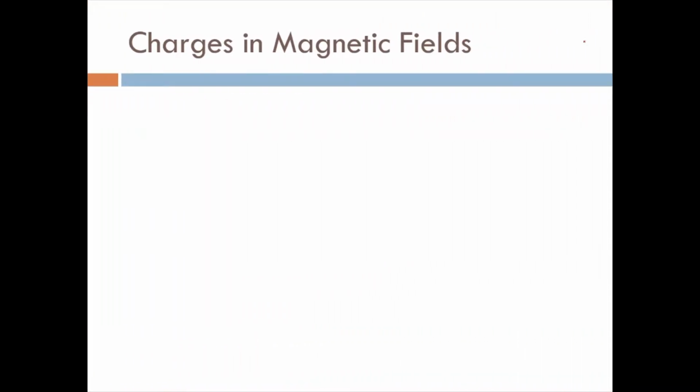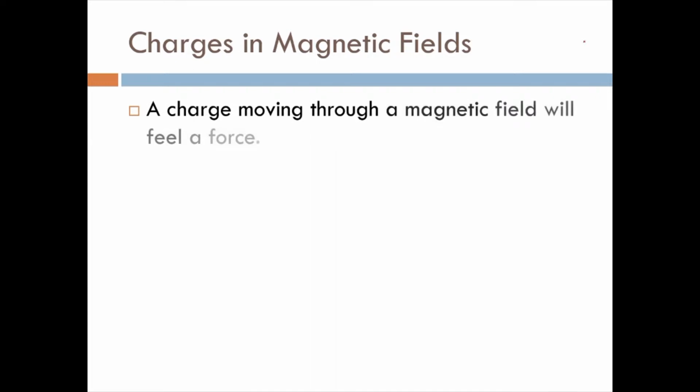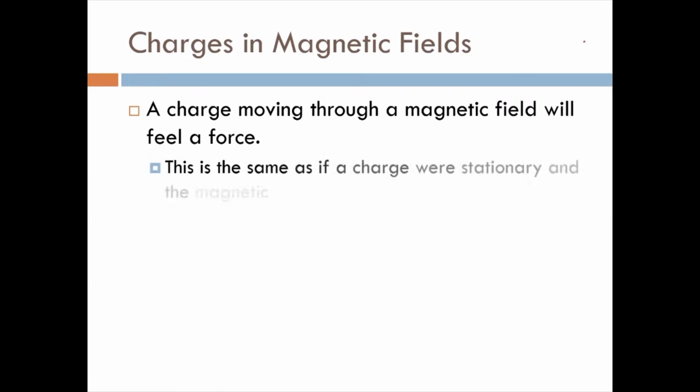Alright, so in the last unit we talked about how charges behave inside a magnetic field. So if a charge moves in a magnetic field, it'll feel a force, and we can use the right-hand rule to determine kind of what direction the force is going to go in. Now, because of relativity, the charged particle can actually consider itself stationary, and it can view the magnetic field as the thing moving past it.